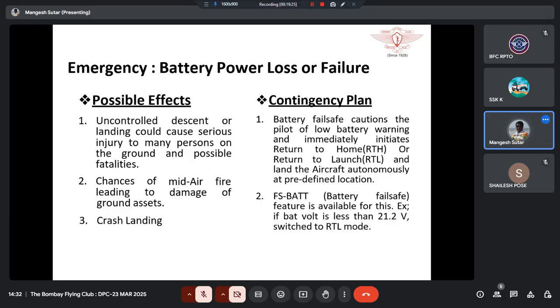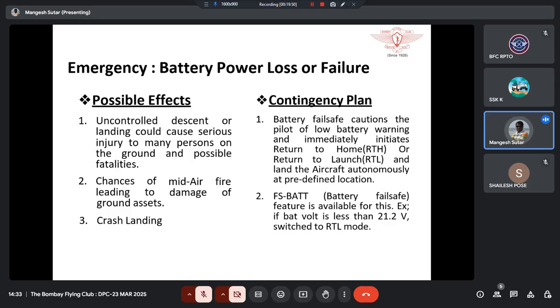Just to safeguard that I am not overutilizing my battery. In a drone, FS BAT is configured so that if the battery voltage is less than 21.2 volt, it switches to RTL. The moment you reach this particular voltage, it will switch automatically to RTL so that it will not wait for a pilot to see, monitor and do it. But we should never wait for RTL to get triggered.